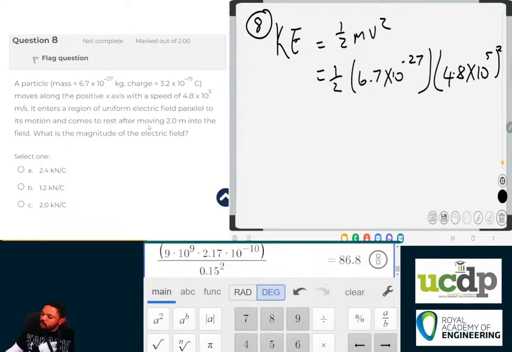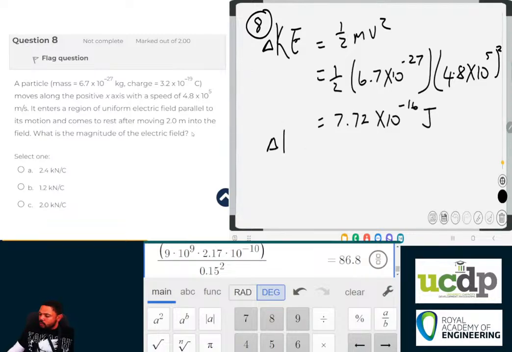So its kinetic energy when it gets into the field is 7.72 times 10 to the negative 16 joules. So that's its kinetic energy. This is the change in its kinetic energy, because it comes to rest after moving 2 meters.